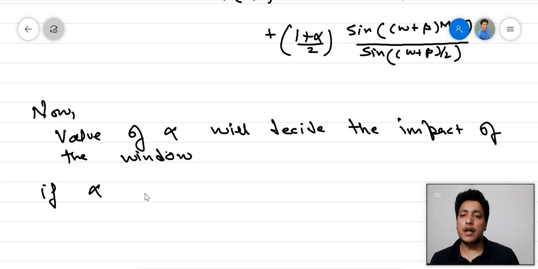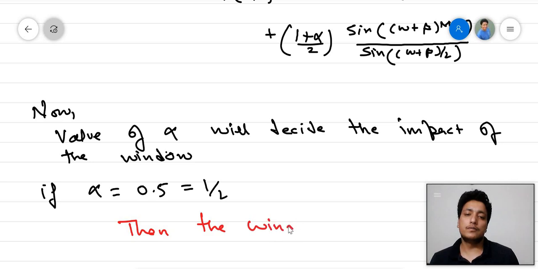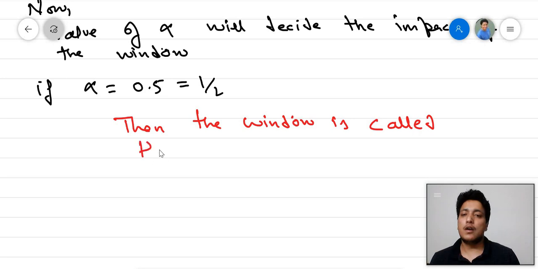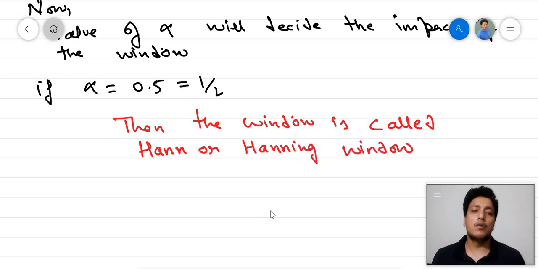If alpha is substituted as 0.5, or equal to 1 by 2, then the window is called Han or Hanning window, under the name of the physicist called von Hahn.